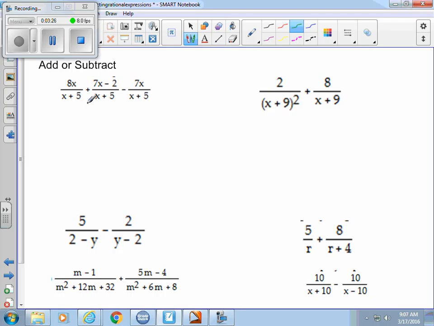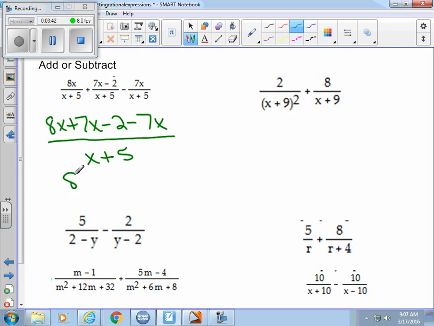So what do I get? I get 8x plus 7x minus 2 minus 7x. Good. Why is it 8x minus 2? Good. So if the denominators are the same, that makes for a very easy problem. You just add across the top, leave the bottom alone.